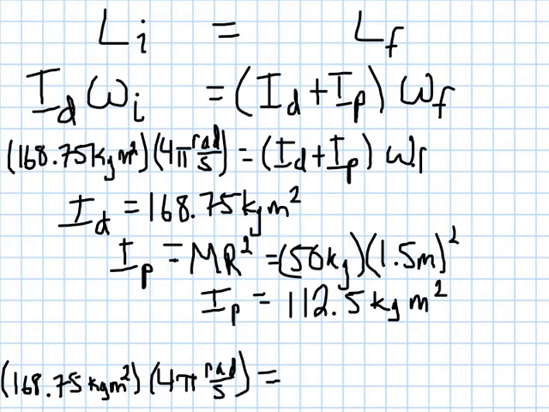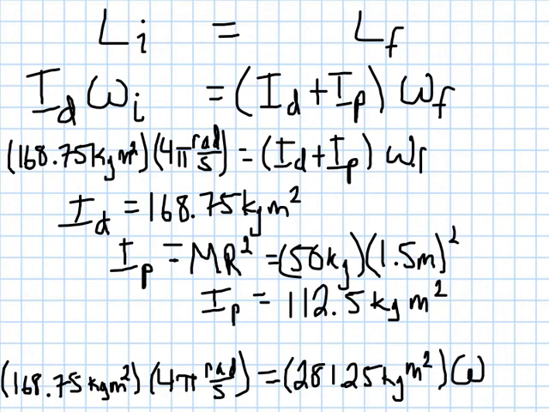I'm going to set that equal to the sum of the disk moment of inertia plus the passenger moment of inertia, and that together is equal to 281.25 kilograms meters squared, and multiply that by omega final, which is what I'm trying to discover.